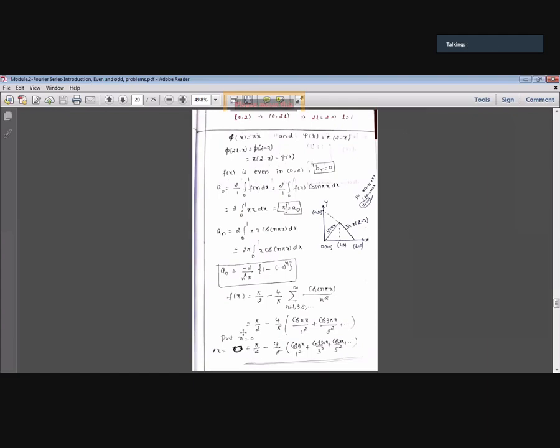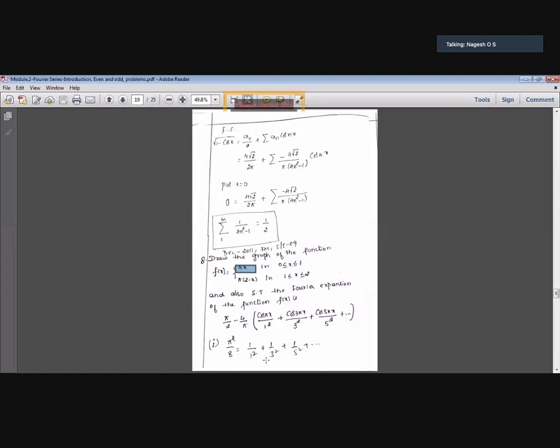Take x equal to 0. Now transpose this, you will get pi square by 8. This one, pi square by 8. When you transpose this side, 0 equal to this much, you get pi square by 8.